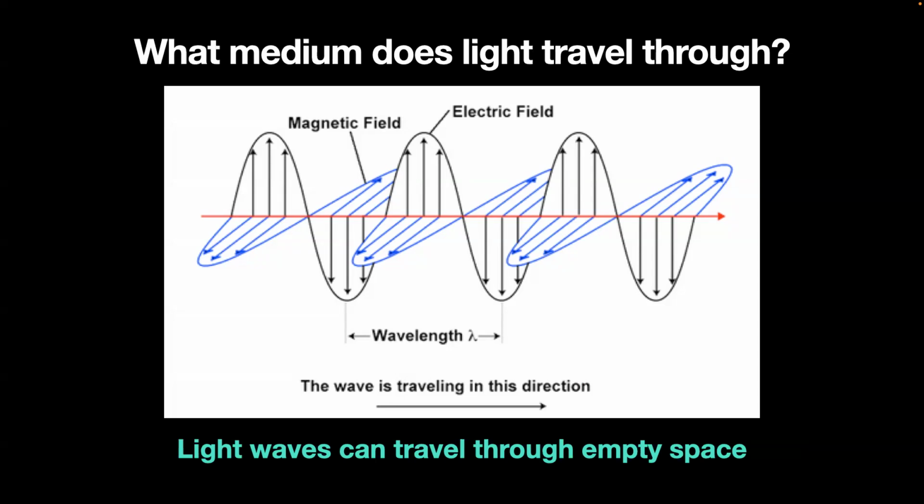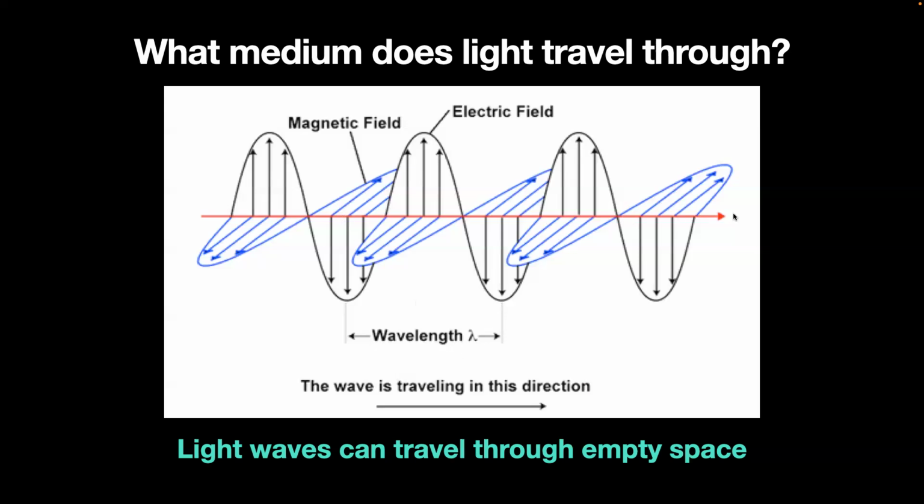Light is an electromagnetic wave. It gives off oscillating electric and magnetic fields that are perpendicular to each other and perpendicular to the direction of travel. This is a schematic of what that means. We have a demonstration of wavelength, basically from peak or trough to peak or trough right here. This is the wavelength.